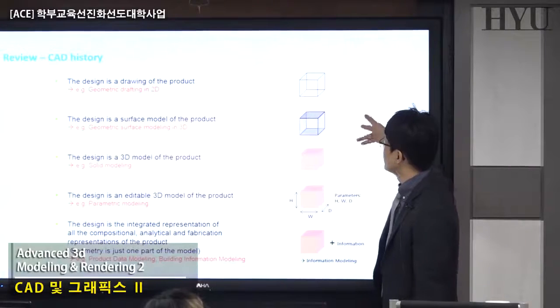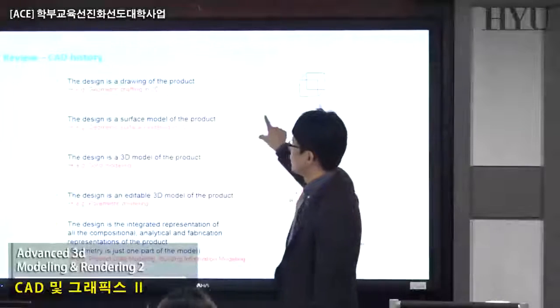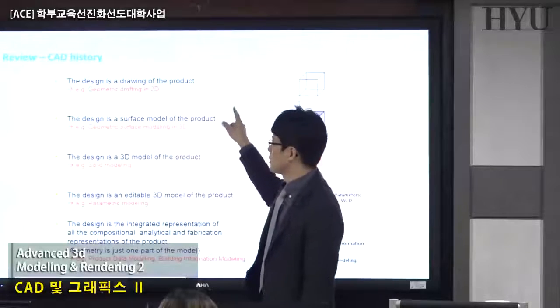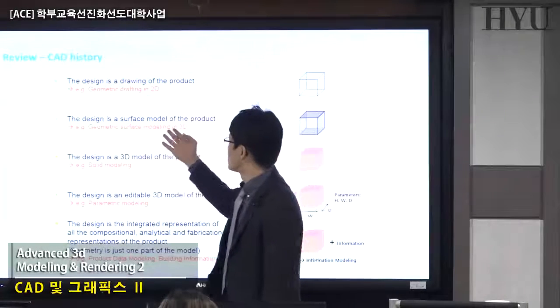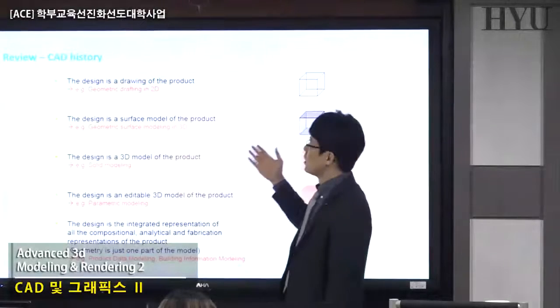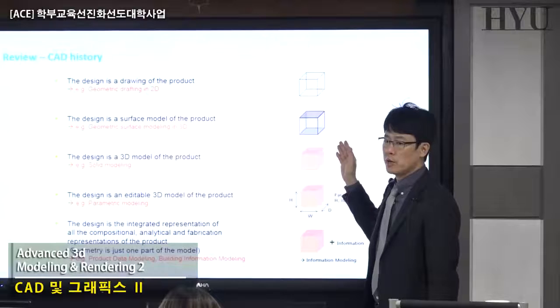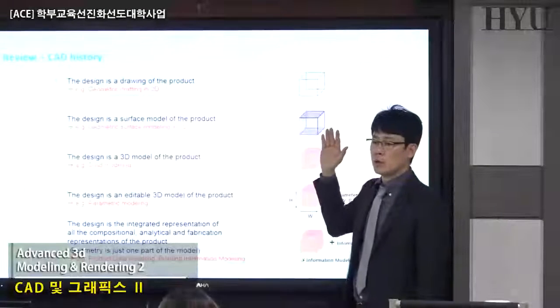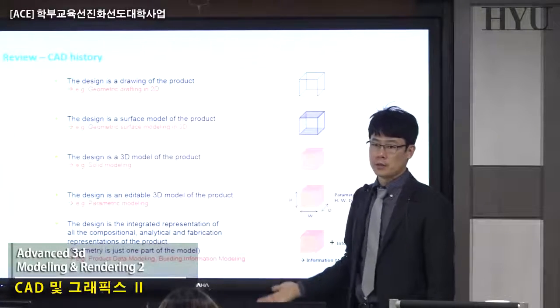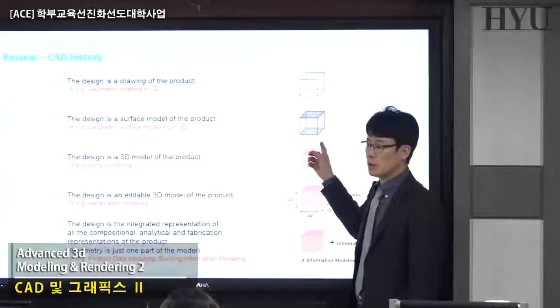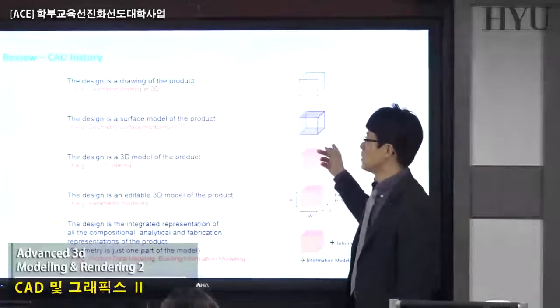But in this semester, we have learned this stage, the second stage, surface-based 3D modeling. By using this kind of 3D model, we can easily generate front view, top view, so-called floor plans, elevations, and sections from one original source model.